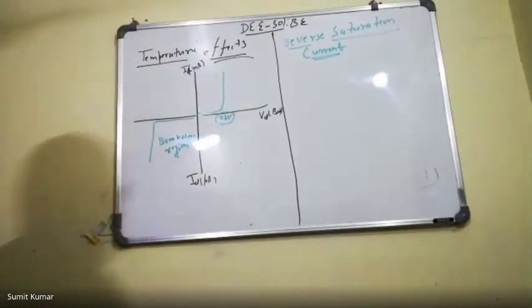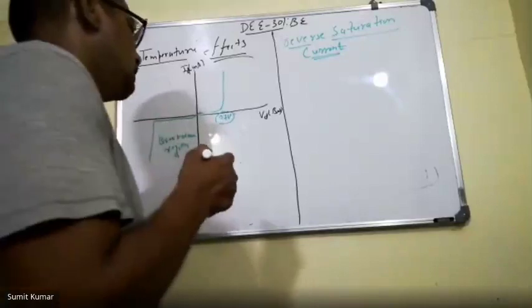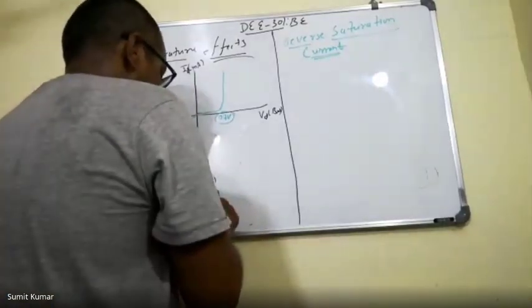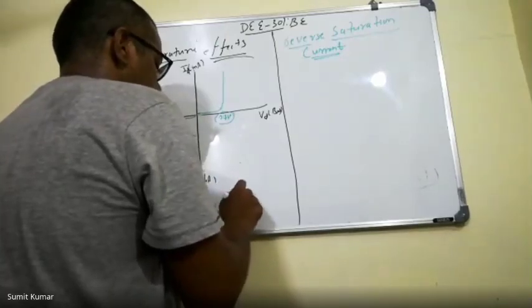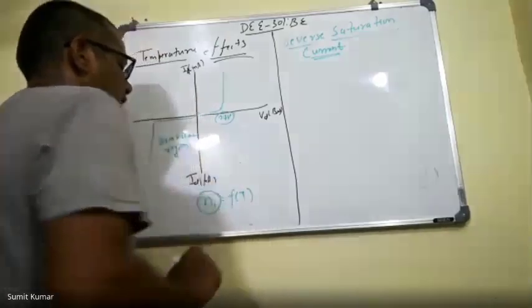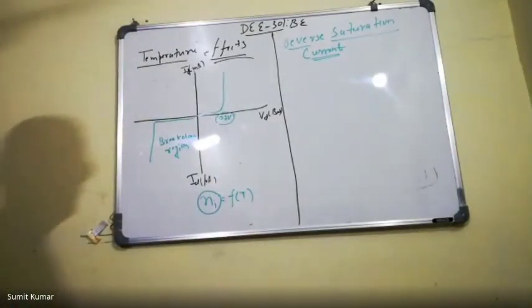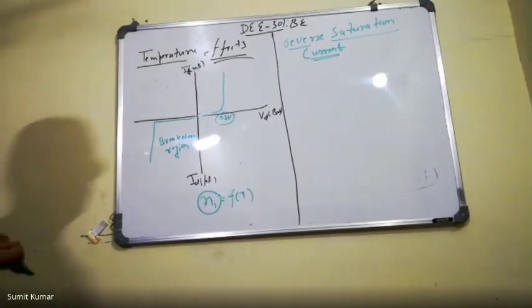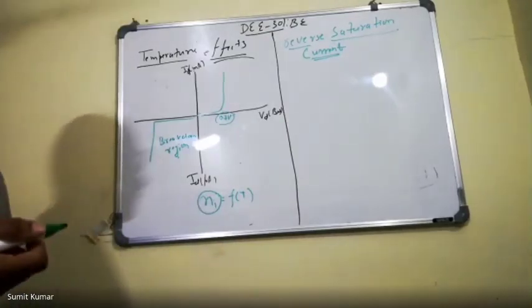If we increase the temperature of a p-n junction, the minority carriers will increase, as the intrinsic concentration is a function of temperature. As the temperature increases, the intrinsic concentration will increase. So at the p side and n side, the minority carriers will increase.